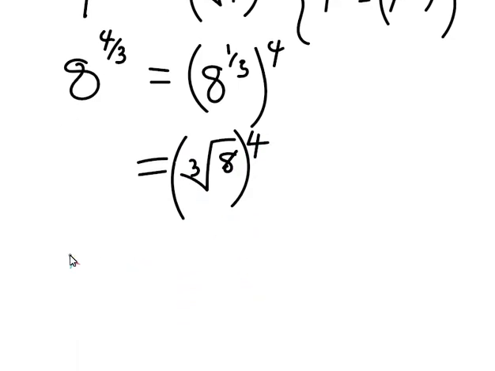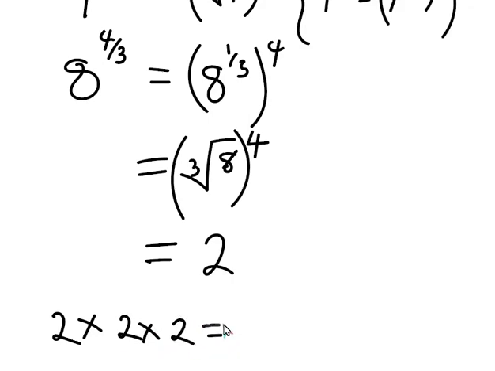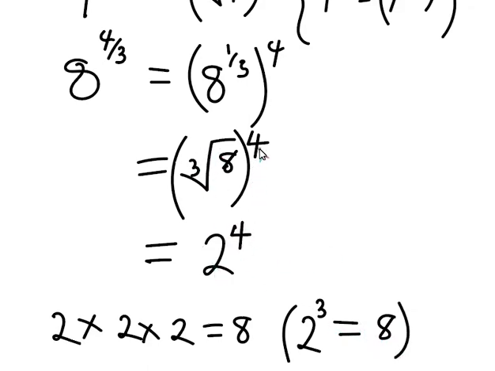So I can further simplify this and say, okay, cube root of 8 is what? 2, isn't it? Why? Because 2 times 2 times 2 is equal to 8, right? So what I'm simply saying is that 2 raised to the power of 3 is equal to 8. So the cube root of 8 is 2, and that is raised to the power of 4, this 4 we have here, you understand?